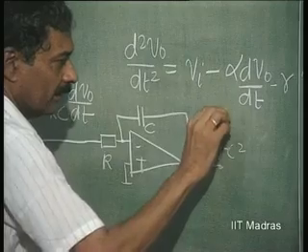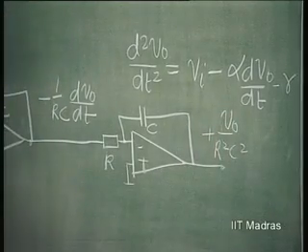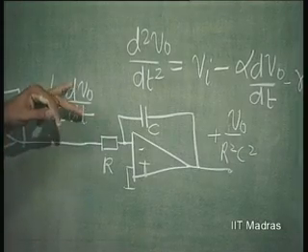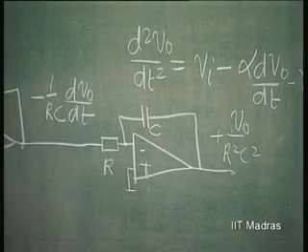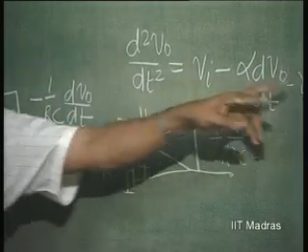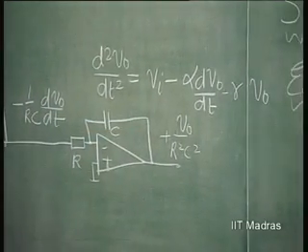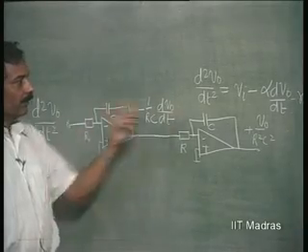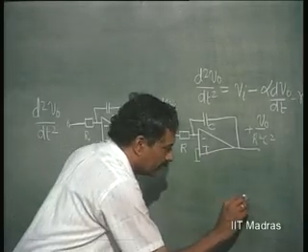So, this is V naught. So, I have got V naught with some constant factor, dV naught by dt with some constant factor and a negative sign. These two things are created by me, assuming that d squared V naught by dt squared is available. V I can be happily added.